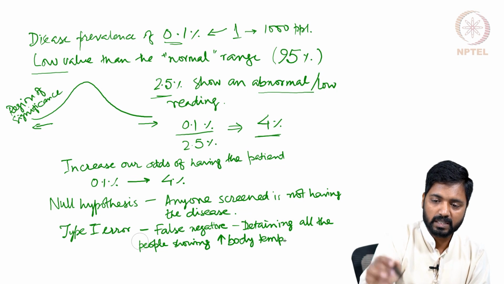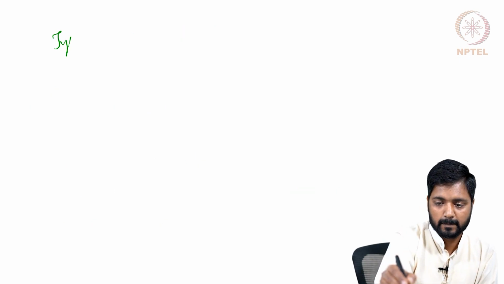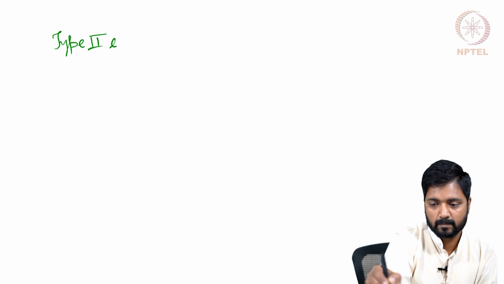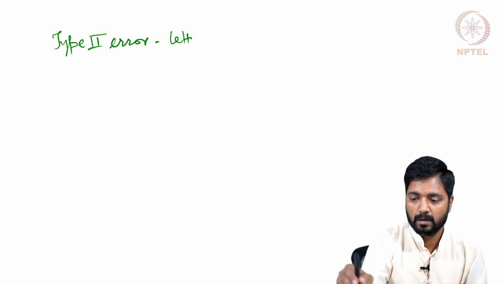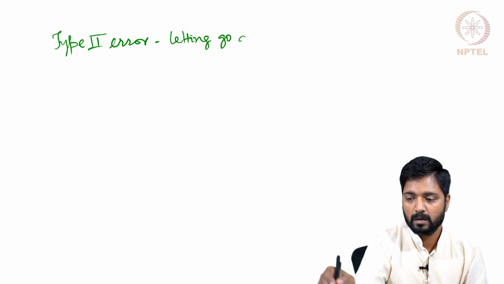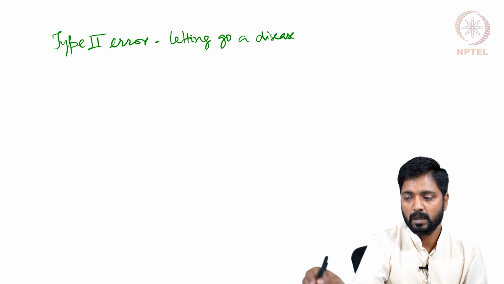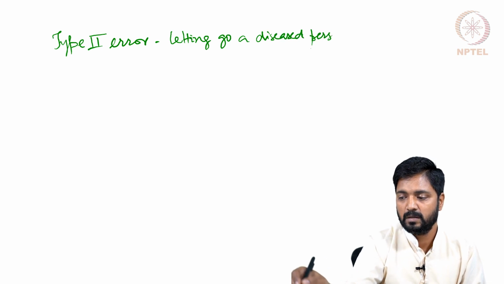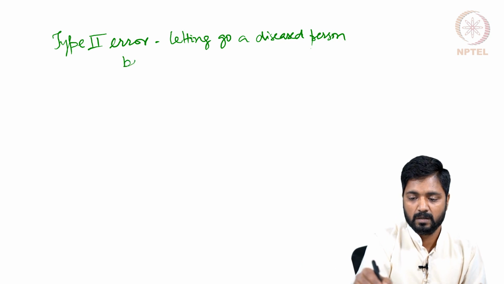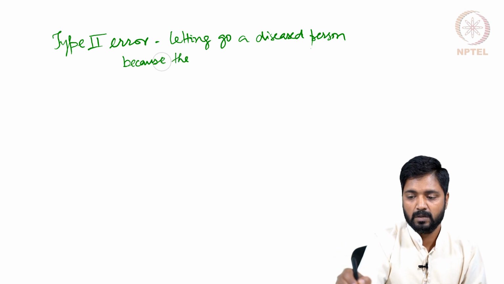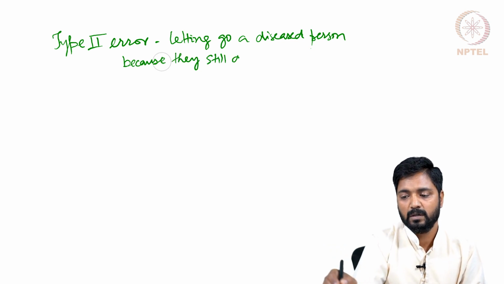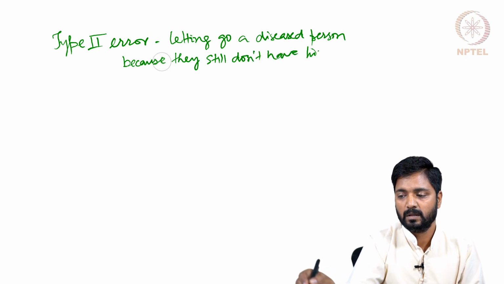Similarly, the type 2 error in this case would be letting go a diseased person because, say, they are not showing the symptoms or they still do not have the high temperature onset.